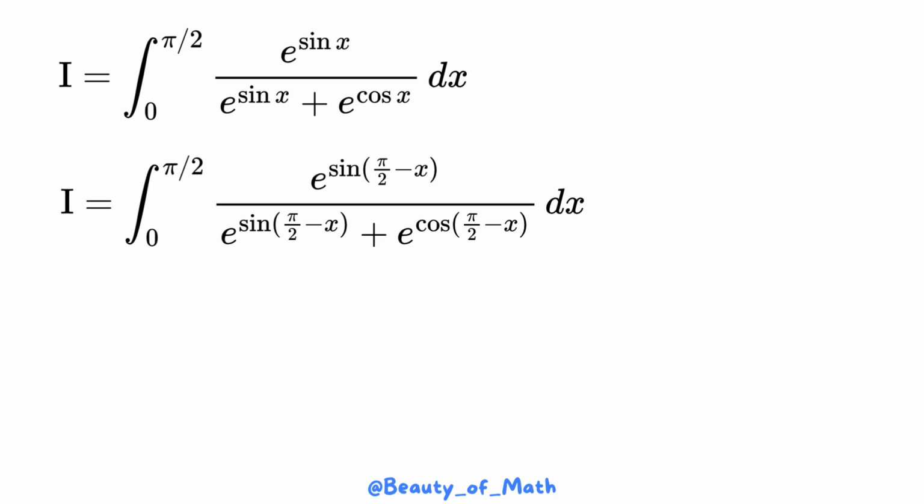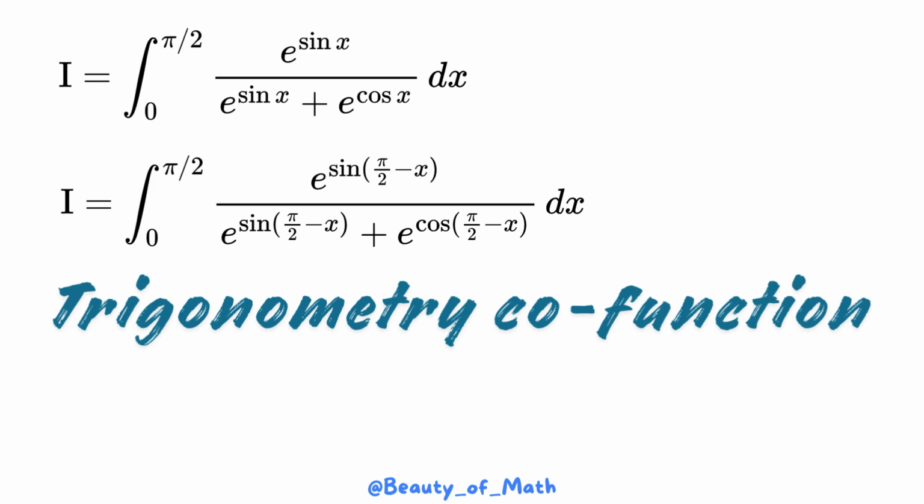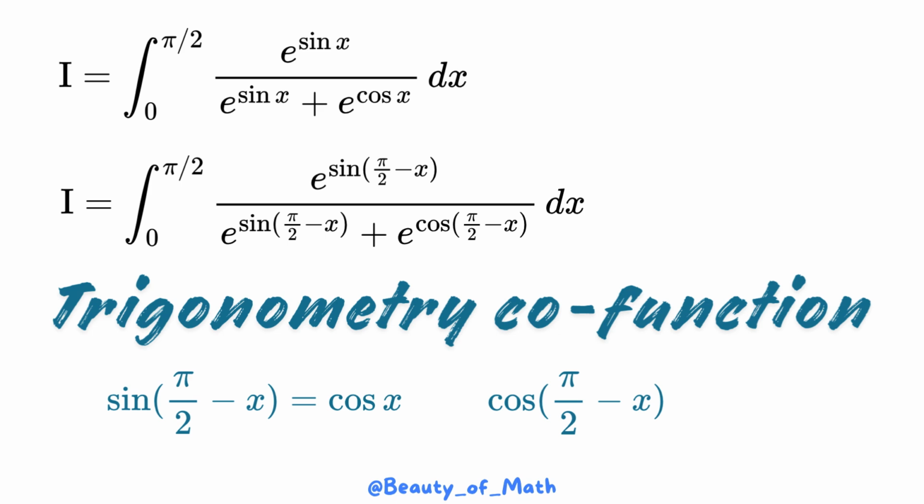Now, we apply basic trigonometry cofunction identities to clean this up. We know that the sine of pi over 2 minus x simplifies perfectly into cosine x. And conversely, the cosine of pi over 2 minus x simplifies perfectly into sine x.